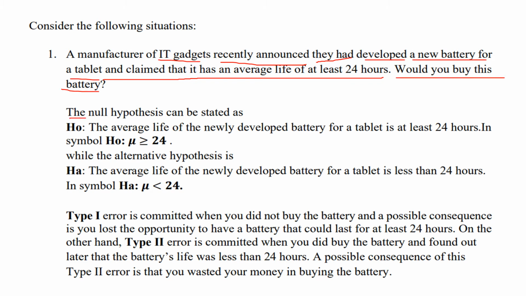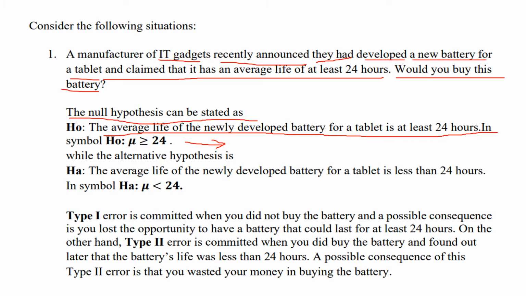So the null hypothesis can be stated as your HO, the average life of the newly developed battery of a tablet is at least 24 hours. So here, if we convert this statement to symbol, that will be your population mean mu greater than or equal to 24. So we apply your at least 24 hours.